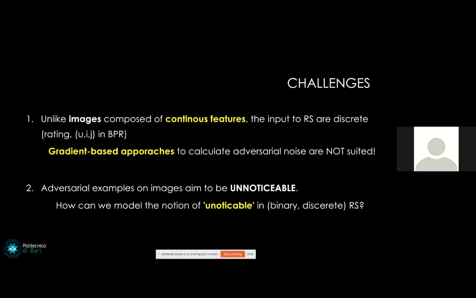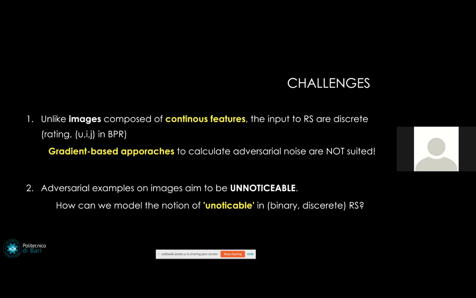However, unlike images, where the data has a continuous nature, the inputs to a recommender system are discrete, for example ratings or user and item IDs. So gradient-based approaches are not suitable to calculate adversarial noise for this kind of data.